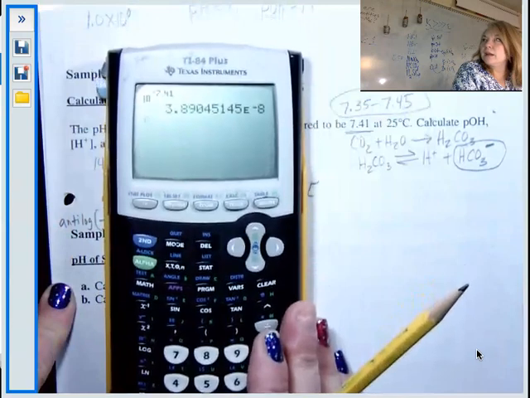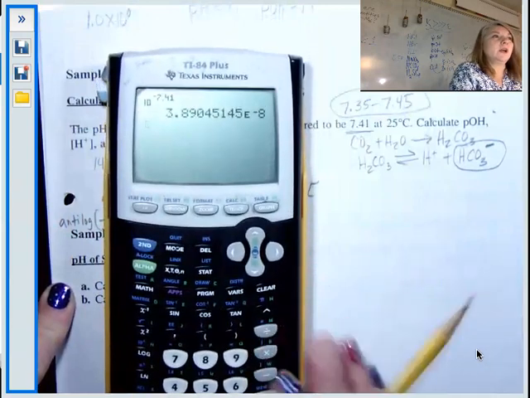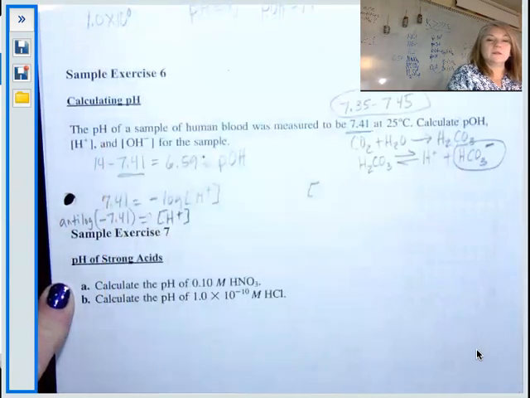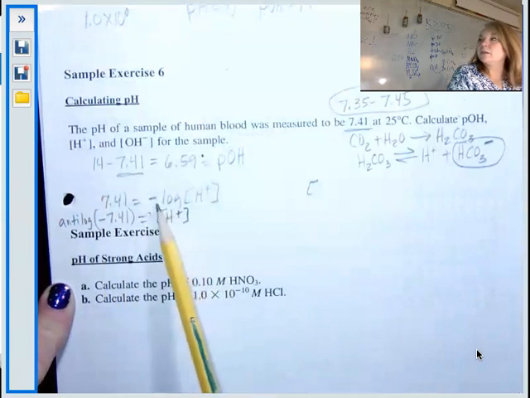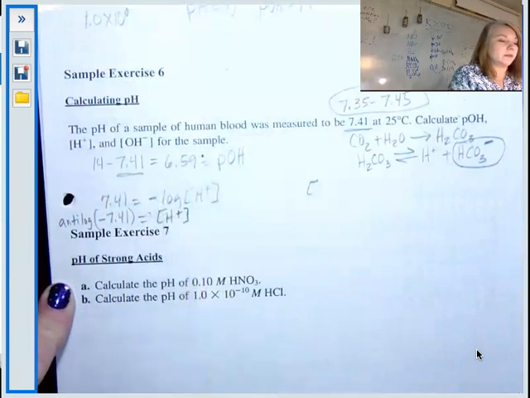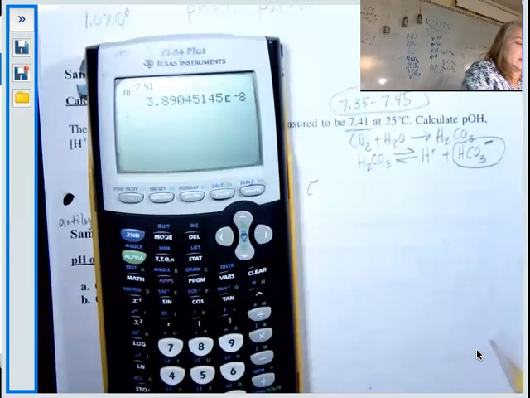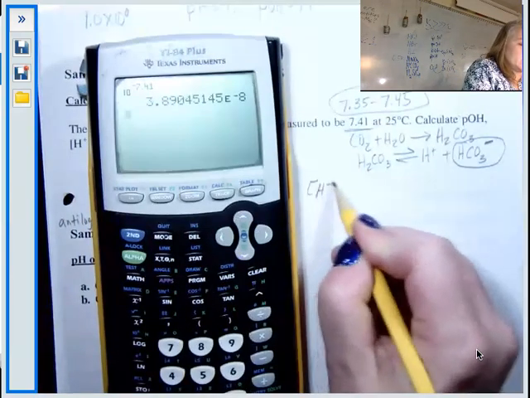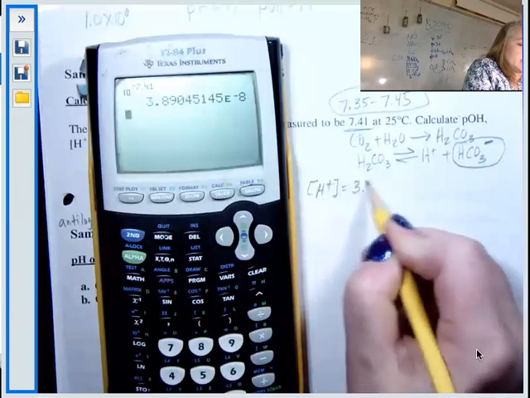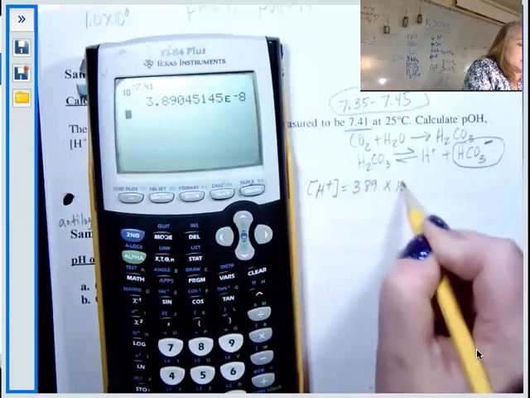We took the negative log of that, so that's our H plus. Our value is 3.89, so H plus equals 3.89 times 10 to the negative 8.